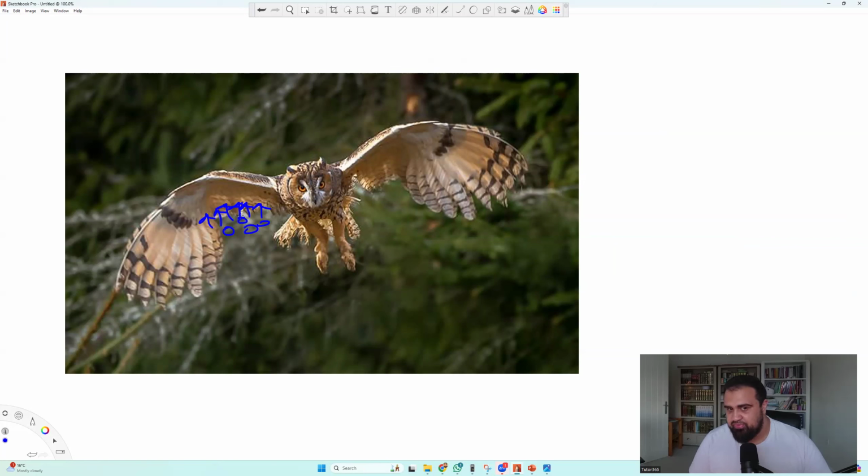So the particles underneath his wing are hitting its wing. That's what pressure is. And on top, we also have pressure, acting downwards as well.